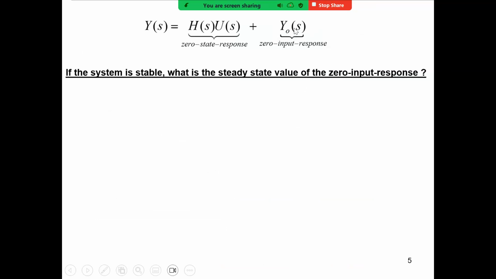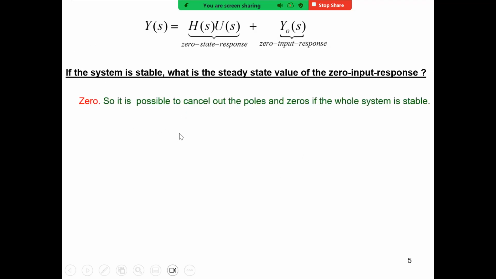It will go to zero for a stable system. So it is possible to cancel out the poles and zeros if the whole system is stable. You can cancel out the common poles and zeros. It's a good approximation because this term will go to zero, and whether you cancel them out or not, this term will be the same.